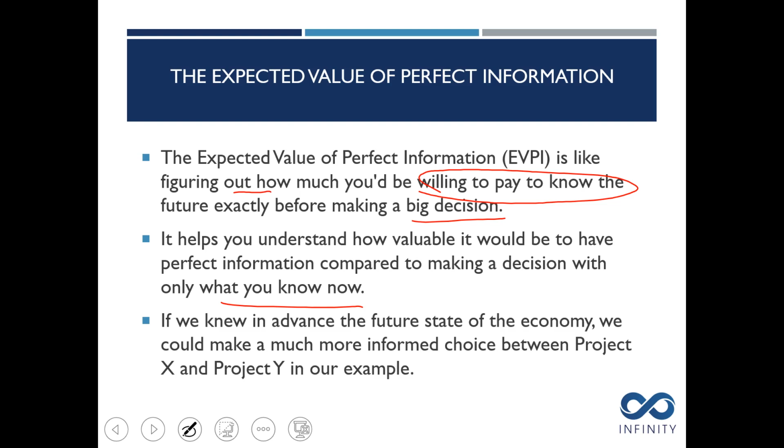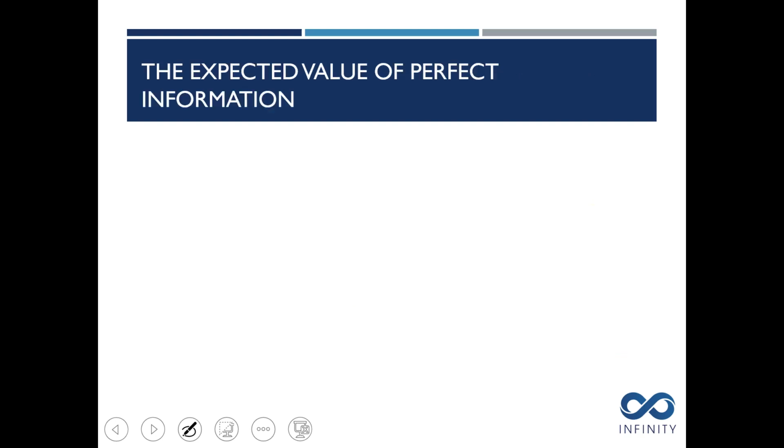So if we know in advance the future state of the economy, we could make a much more informed choice between project X and Y in our example, right? So how much are you willing to pay to know the future state of the economy? That's what the expected value of perfect information is. We will see how this can be calculated.